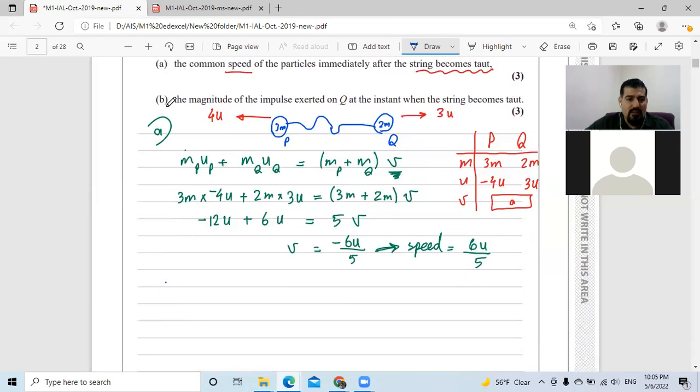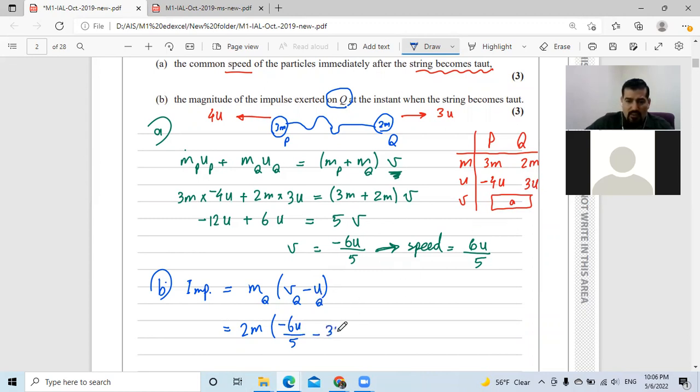Part B: the magnitude of the impulse exerted on Q at the instant that the string becomes taut. Now we know that the impulse is equal to m(v minus u), for Q. So the mass for Q, which is 2m, multiplied by v, which is negative 6u divided by 5, minus the initial speed for Q, which is 3u.